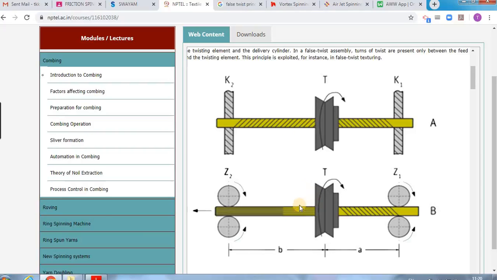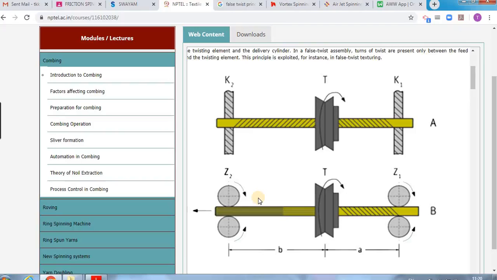It is inserting Z twist, but the yarn already has the S twist, so it will be nullified because I am giving an opposite twist in zone B compared to zone A. Whatever twist was given is removed. So the yarn does not have any twist here; it is parallel. This is called the false twist principle.